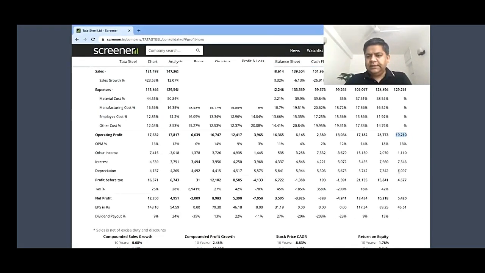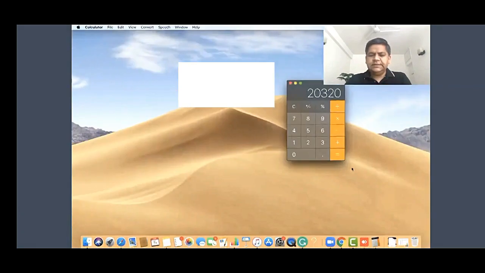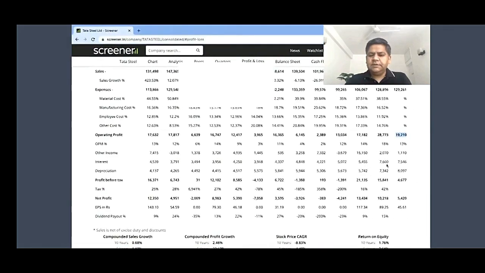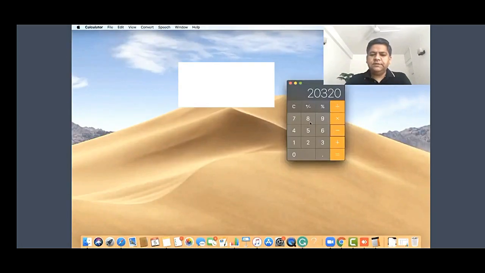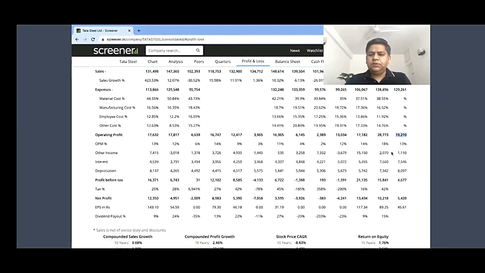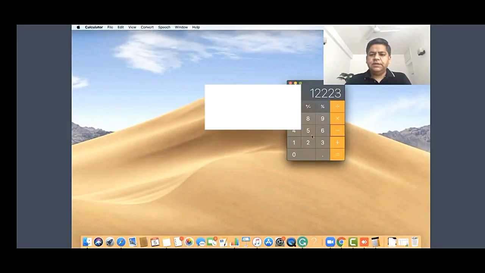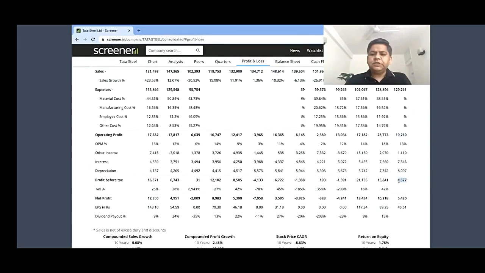Now 8,097 crore, this minus 8,097 comes down to 12,223, minus 7,546, minus 7,546, 4,677. So you do not have to get confused that all these three will be subtracted from this.